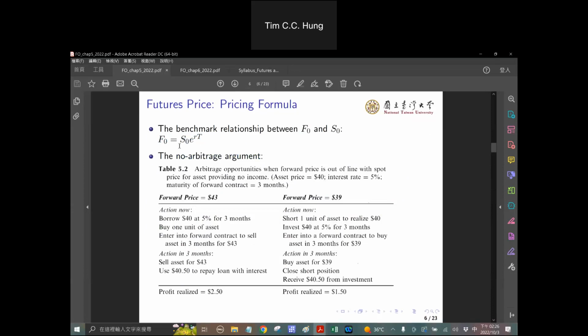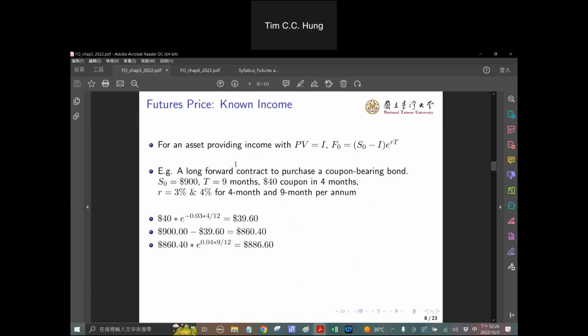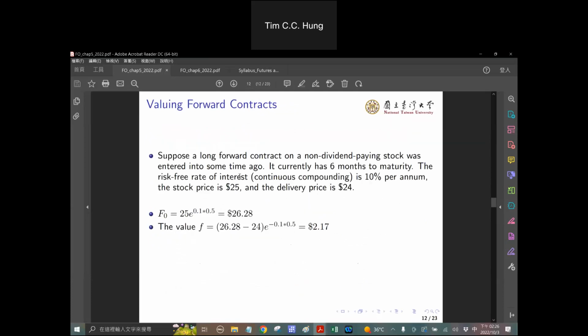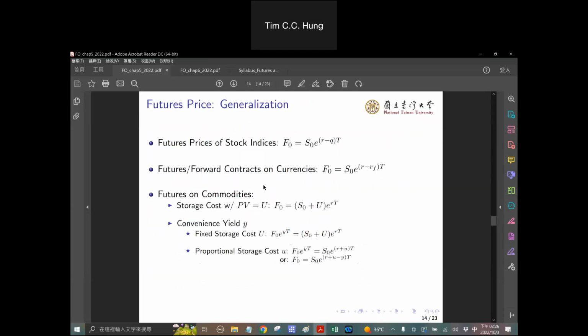So afterwards, the value of a contract is the present value of what you're going to get minus the present value of what you are going to pay. So the value could be positive or negative. That's what we talked about last week.